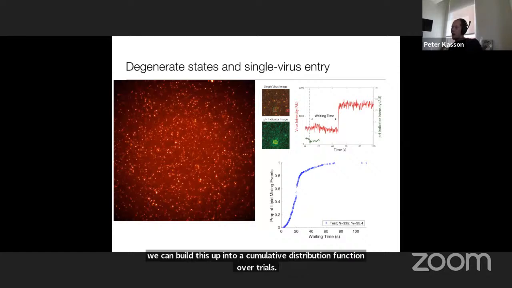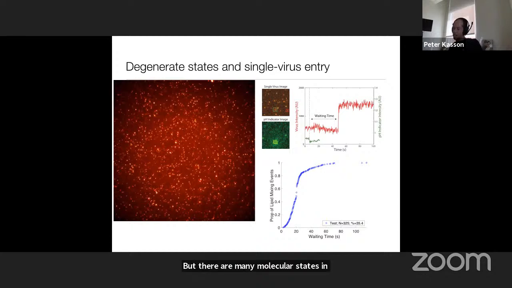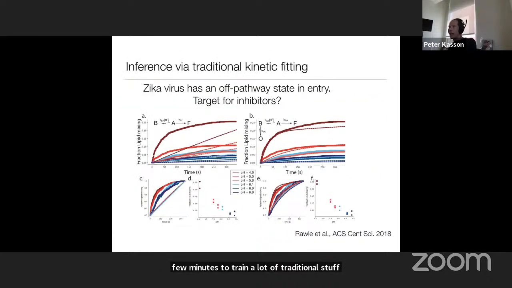But there are many molecular states, and indeed often many kinetically important states, that all have this initial emission value as opposed to the final emission value. And this degeneracy makes it very difficult, as I'll briefly show you in the final few minutes, to train a lot of traditional statistical inference models.